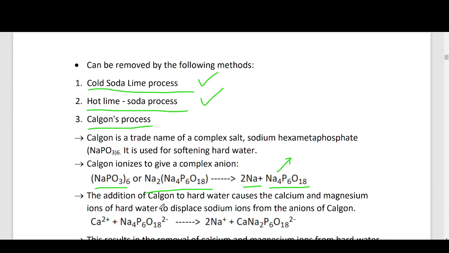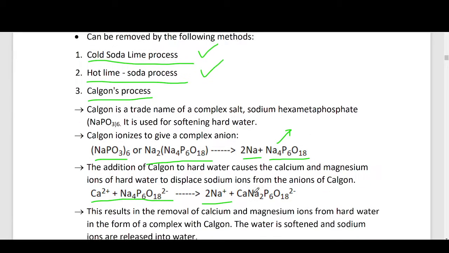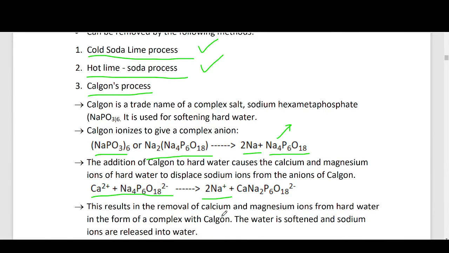Suppose we have a reaction with calcium. This can be either CaCl2 or CaSO4. When it reacts with the ionized form, [Na4P6O18]2-, the sodium and the calcium and magnesium ions are replaced. So here you get 2Na+ sodium ions and the calcium complex [Na2CaP6O18]. This results in the removal of calcium and magnesium ions from hard water in the form of a complex with Calgon, or rather a calcium Calgon complex.